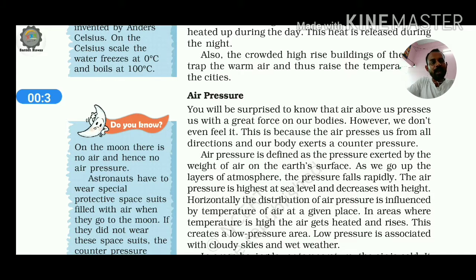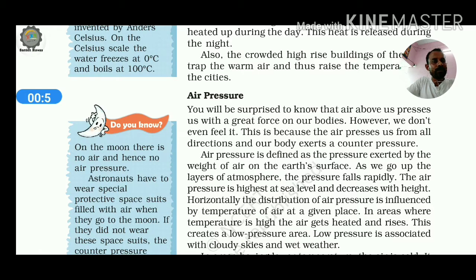So if we go above, obviously we will see a reduction in air pressure, as the other layers of the atmosphere create less pressure.